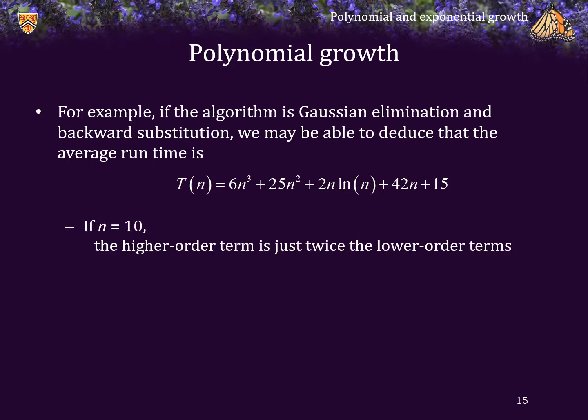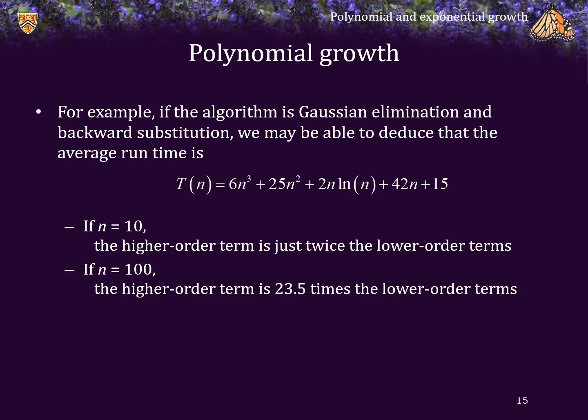Now, if n is equal to 10, then the higher order term is just twice that of the lower order terms. If n is equal to 100, then the higher order term is 23.5 times the lower order terms. So essentially, the lower order terms contribute only a 4% relative error.